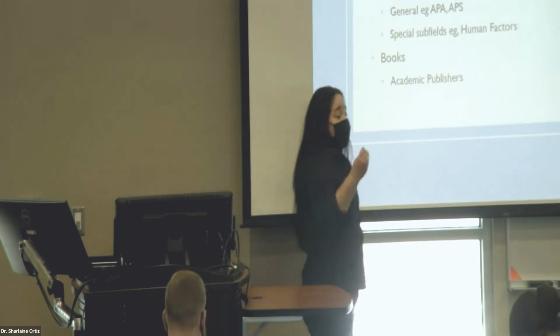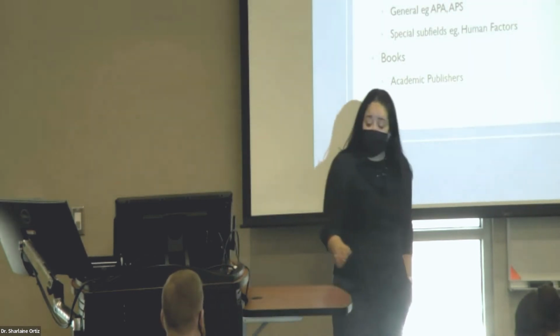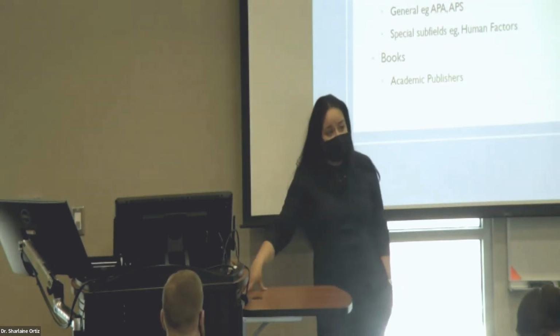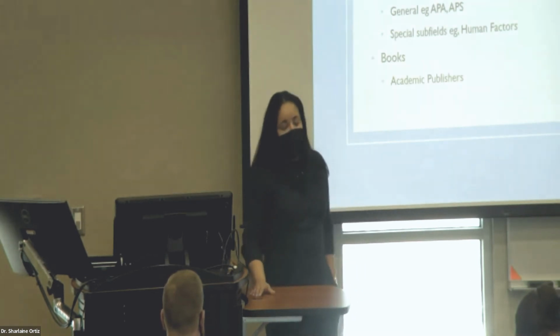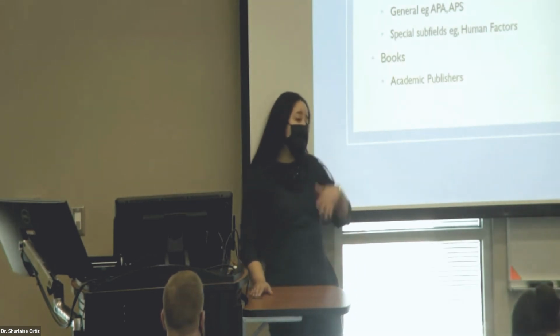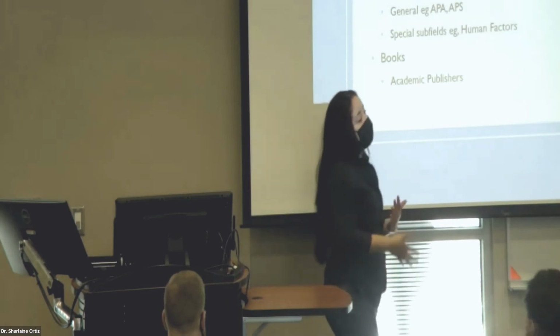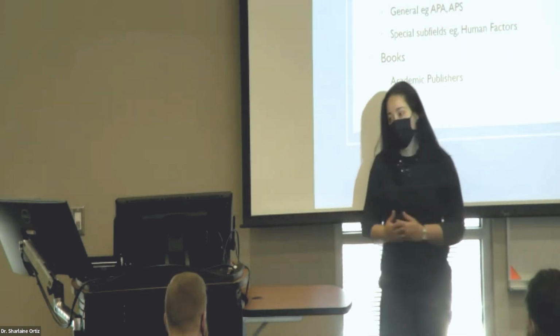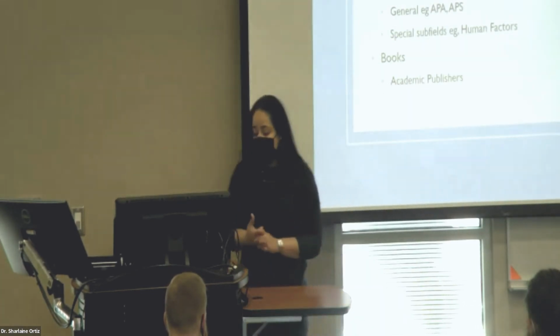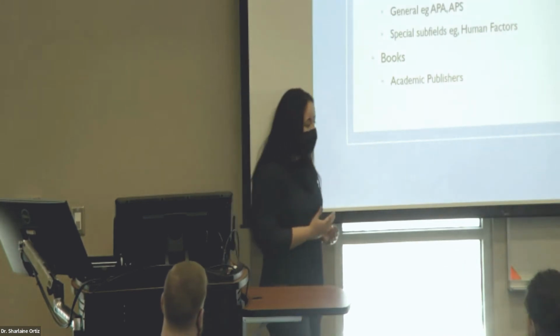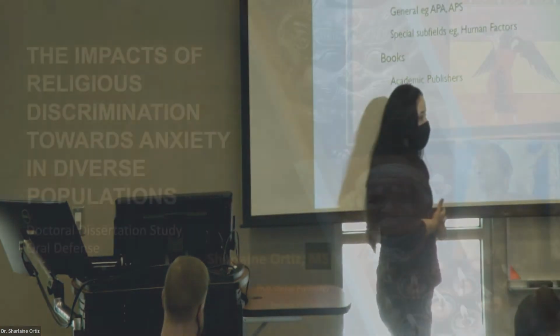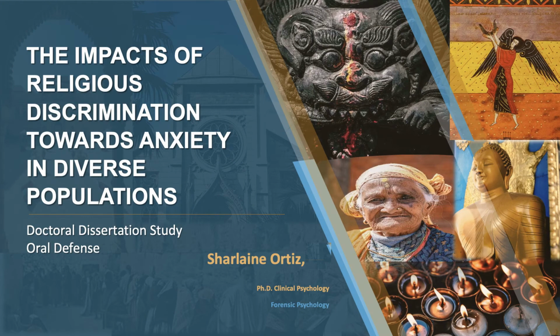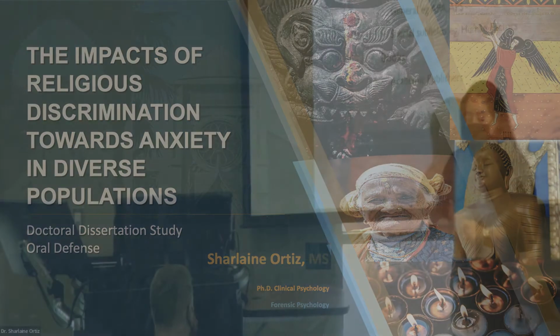If your topic is immensely rare, which was my case when I published my own research, in that specific case, I actually had to go back more than 5 years because not a lot of people had studied what I wanted to study. If you were wondering, my research back then was titled The Impacts of Religious Discrimination Towards Anxiety in Diverse Populations.